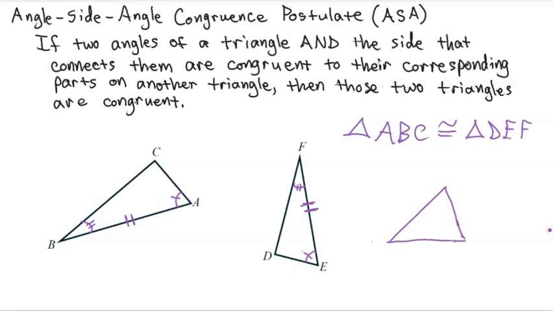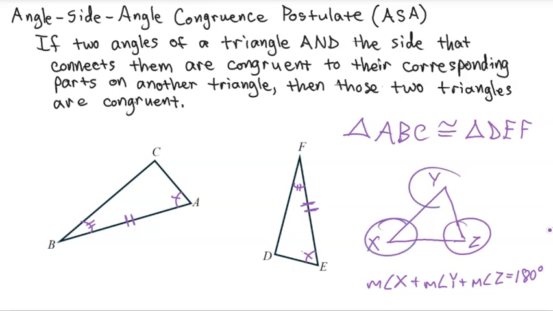So if this is triangle XYZ, then the measure of angle X plus the measure of angle Y plus the measure of angle Z equals 180 degrees. So this angle plus this angle plus this angle equals 180 degrees. That's going to be important in some of the questions and examples that we look at in just a minute.